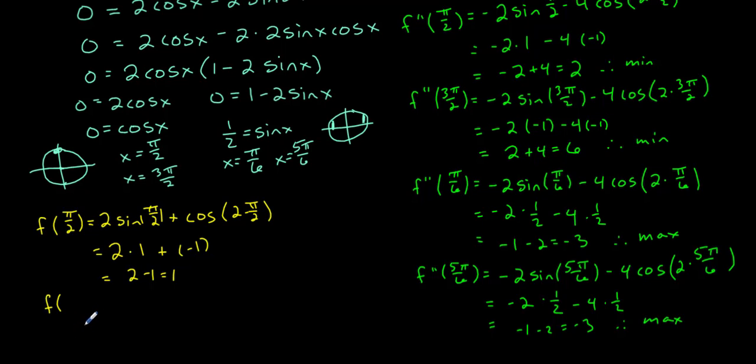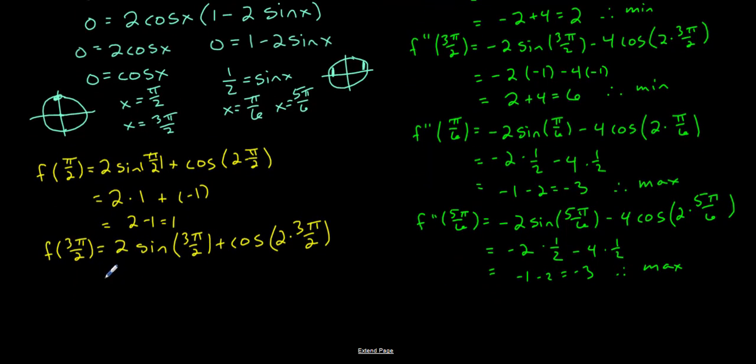F of 3 pi over 2: sine 3 pi over 2 is negative 1, cosine of 3 pi, negative 1, and we get negative 3.